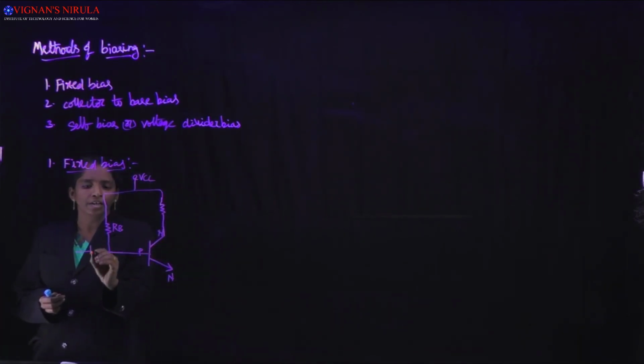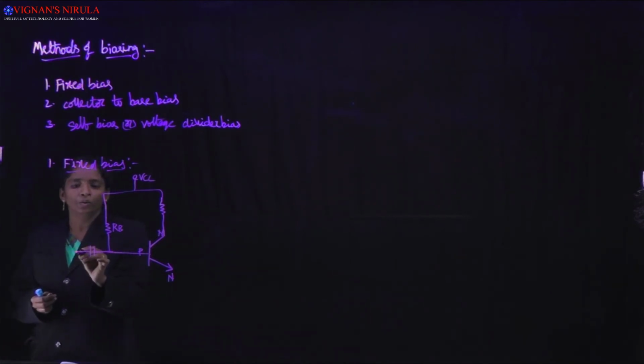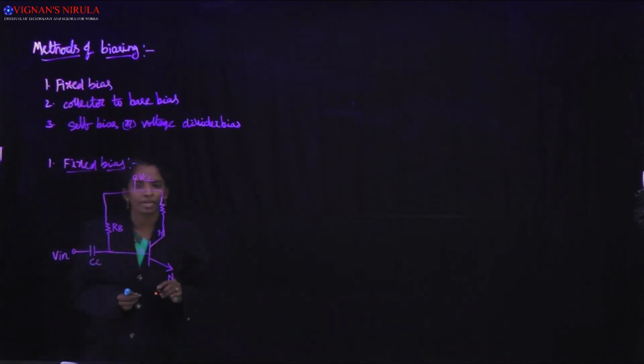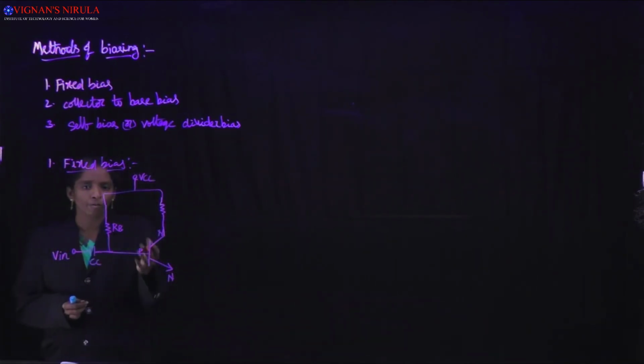The input is connected to the base through a coupling capacitor. What is the use of the coupling capacitor? We know the function of a capacitor: it allows AC and blocks DC.